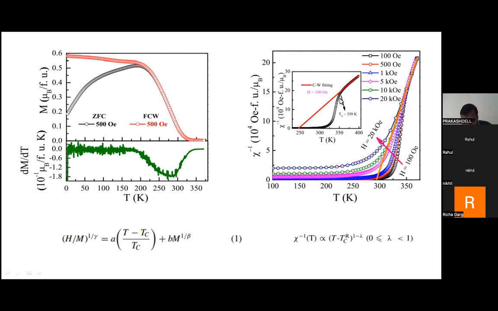You can clearly see this is known as the Curie-Weiss law, susceptibility equals C by T plus or minus theta CW. From this you can see this is your theta CW, and this point is your Griffith patch.